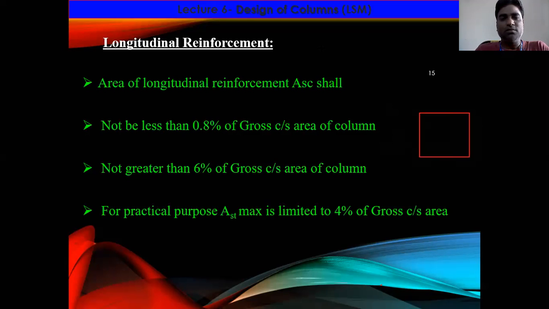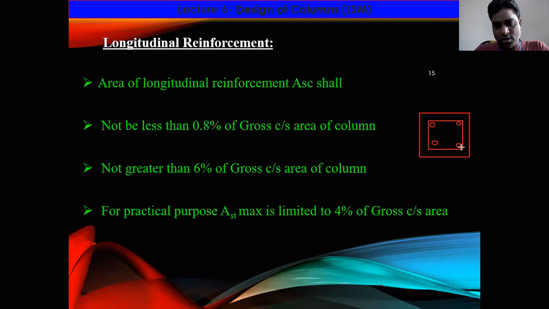Suppose this is your column, and if you see in the plan, this is your reinforcement, right? So these are called your longitudinal reinforcement or compression reinforcement.